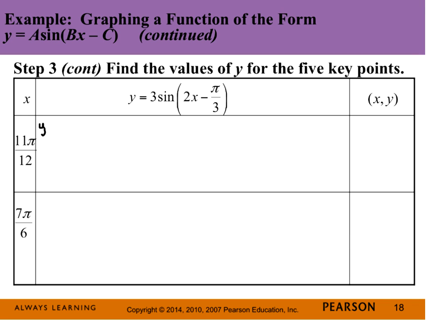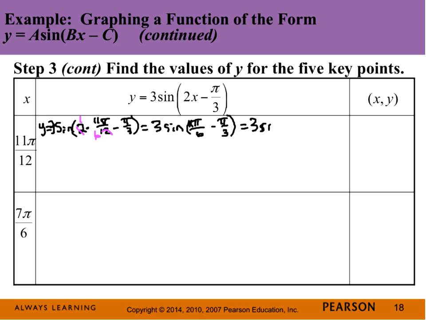Okay, 11 pi over 12. Y equals 3 times the sine of 2 times 11 pi over 12 minus pi over 3, which is 3 times the sine of, I'm going to go ahead and simplify this here. 2 goes into 2 once and into 12 6 times. So that leaves me with 11 pi over 6 minus pi over 3. I need to get a common denominator there.